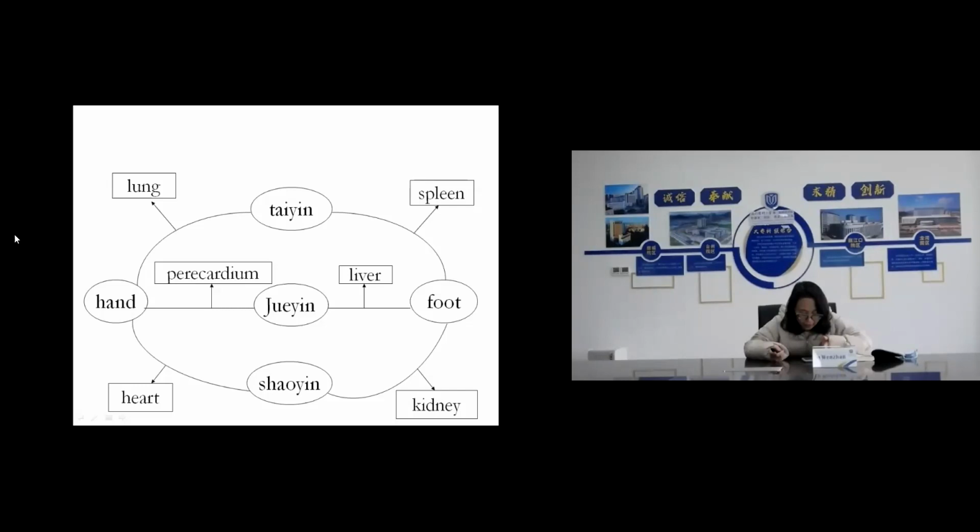On the hand, it's the lung meridian of Tai Yin, the pericardial meridian of Jue Yin, and the heart meridian of Shao Yin. And on foot, the first one is the spleen meridian of Tai Yin, the liver meridian of Jue Yin, and the kidney meridian of Shao Yin.